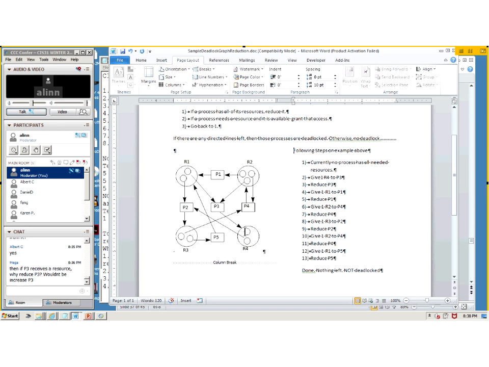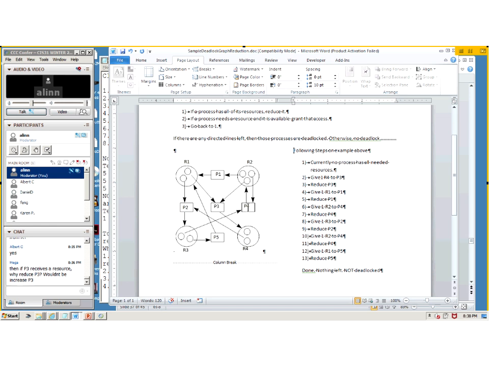And I would start the what if right here. P3 could get this and finish and release these 2. Then what would be next? Well, I could have done P1 instead of P4. It doesn't matter. I could have started with P4 or I could have started with P1 because this was free and this was free. It doesn't matter, the order.